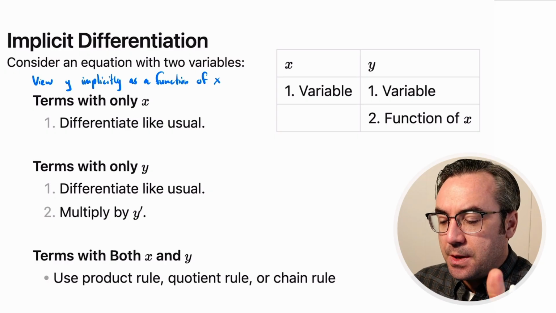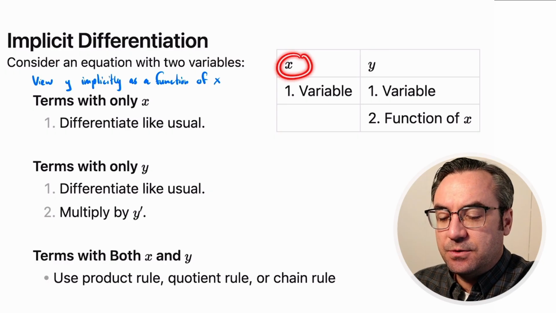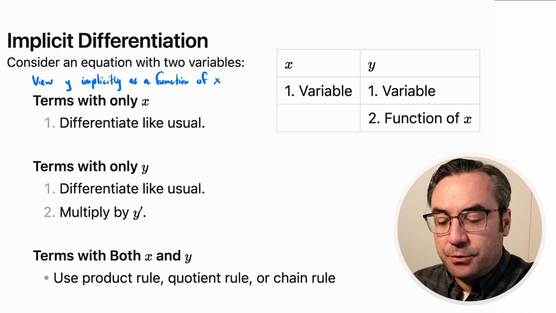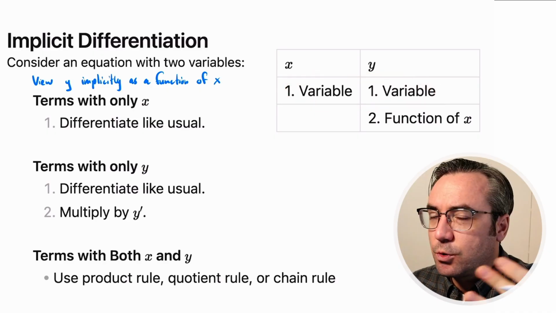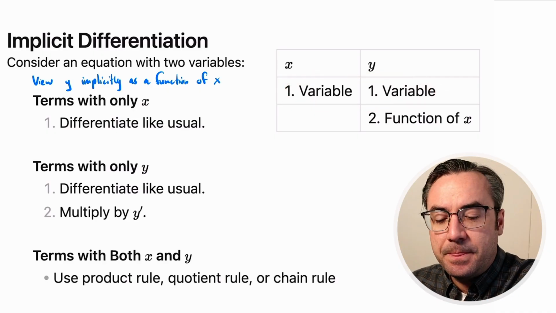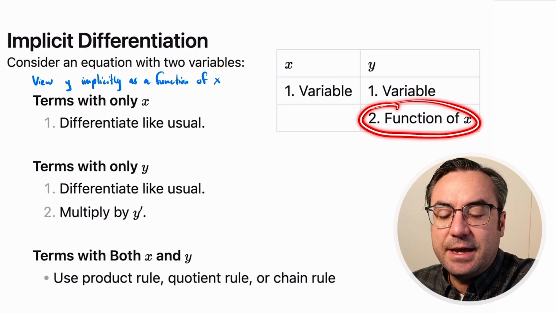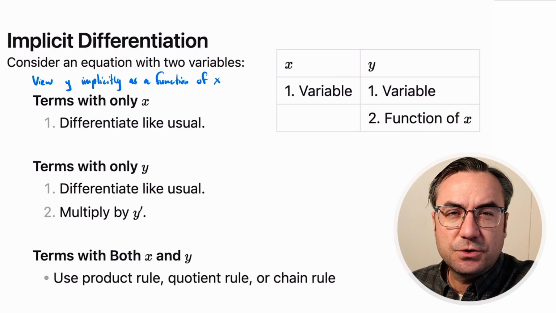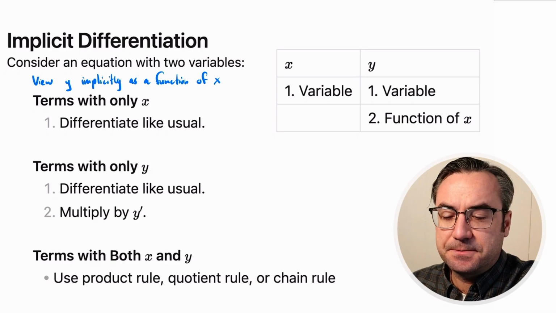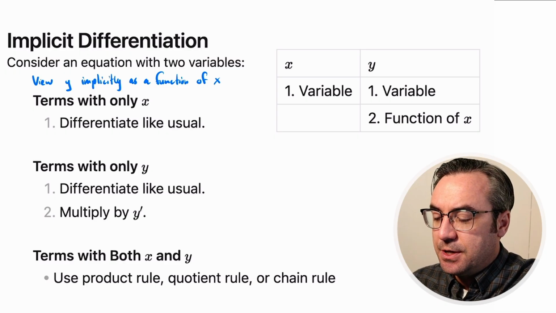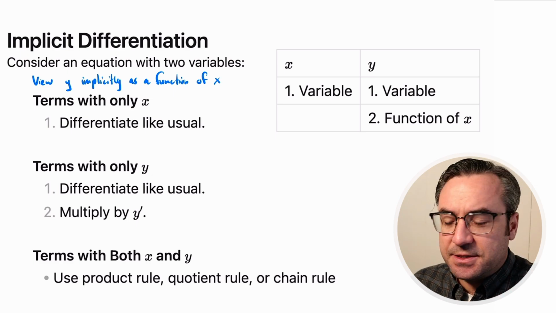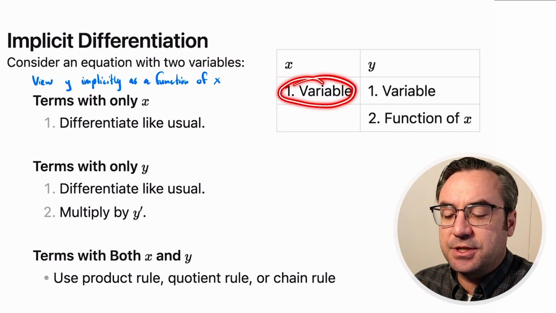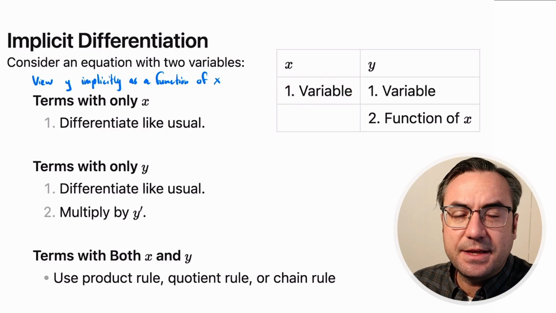When we have an equation with x's and y's in it, we're going to treat each of them like a regular variable, but we're also treating y as a function of x. So when there's a term that only has an x, we just differentiate that term like regular.